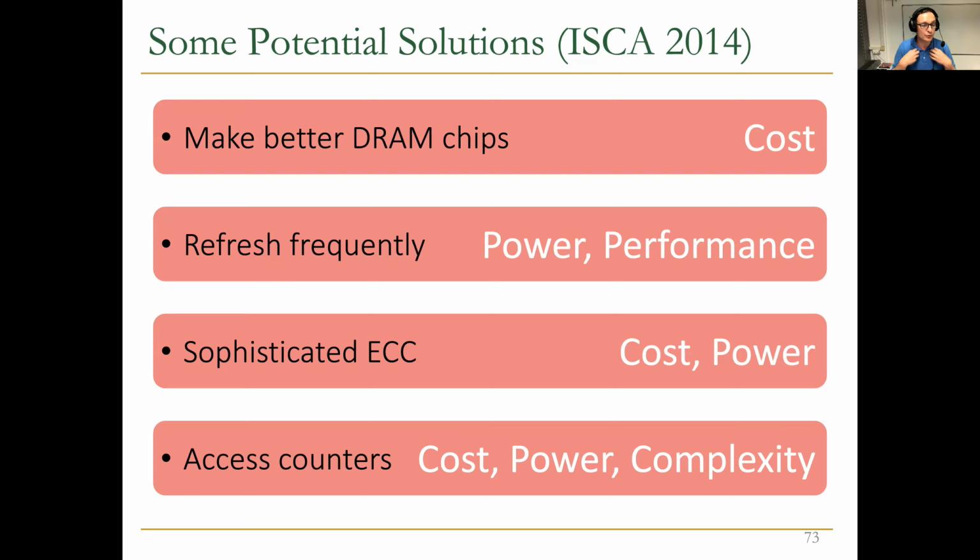But unfortunately, I don't believe that they're a good fit for RowHammer type of errors, whose cause you know exactly, because they become extremely inefficient in correcting RowHammer type of errors that lead to a lot of bit flips. And access counter-based mechanisms keep track of access counts to different rows and try to throttle rows that have been accessed very frequently, for example, or try to refresh victim rows of the rows that have been accessed very frequently. We're going to talk about that later.